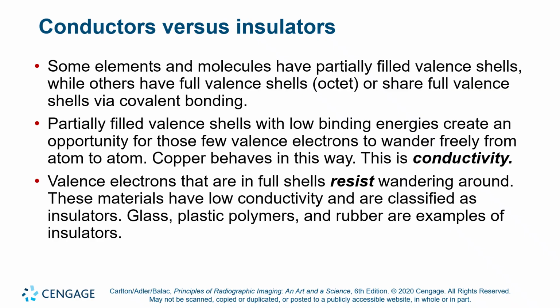Conductivity is after a certain energy beyond the valence band, the electron just wanders free amongst all the copper atoms. And so if you have a copper bar, you really have electrons like swimming around randomly in that copper bar. Okay. Same thing for a gold bar or a silver bar.